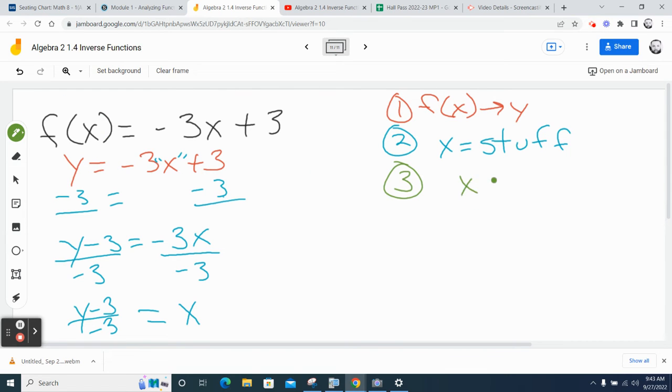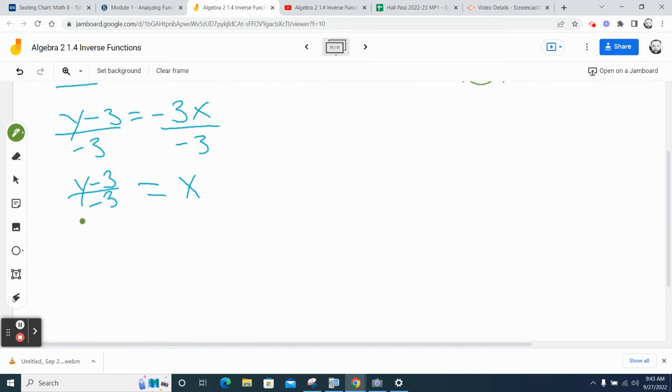We're going to take our x and y's and flip-flop them. So wherever you see a y, you're going to put an x. So this becomes x minus 3 over negative 3 is equal to, wherever you see an x, you put a y. Okay.